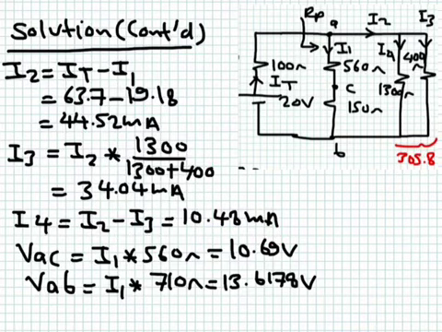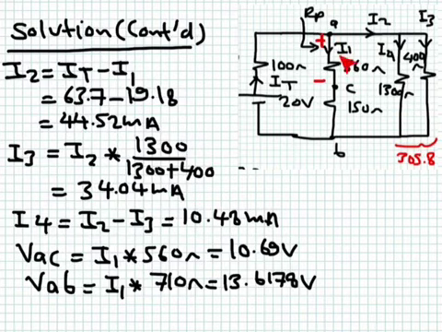I need to calculate VAC, and I need to calculate VAB. You can see VAC is the voltage drop across the 560 ohm, and the current is indeed flowing in the shown direction. So the current will flow from A to point C, and it will create this polarity here.